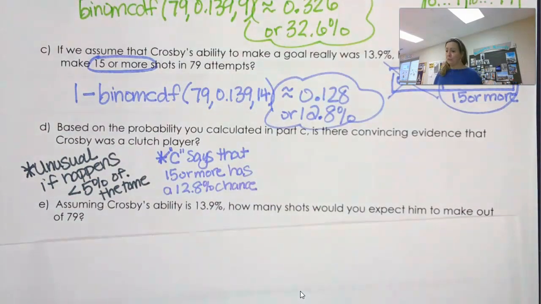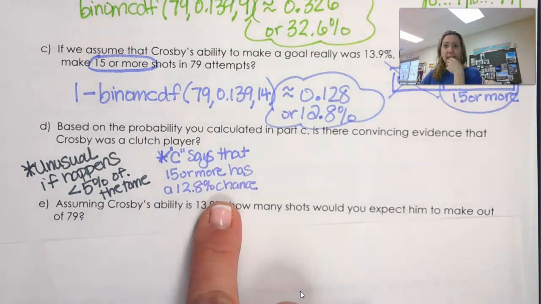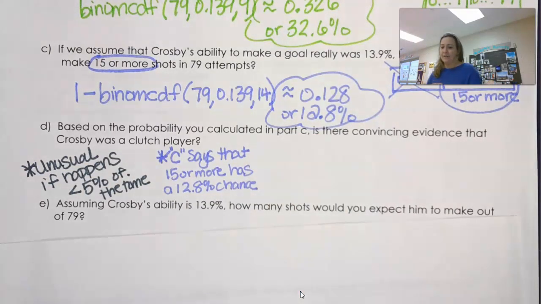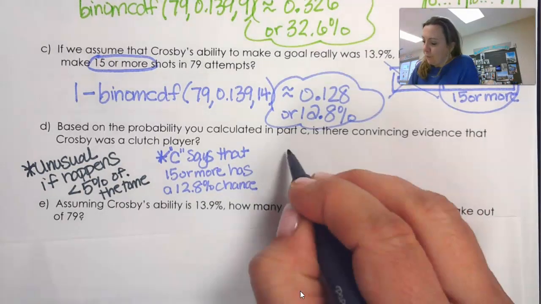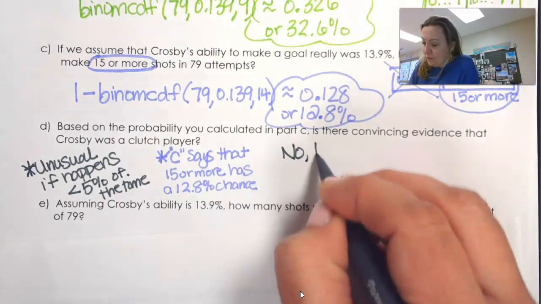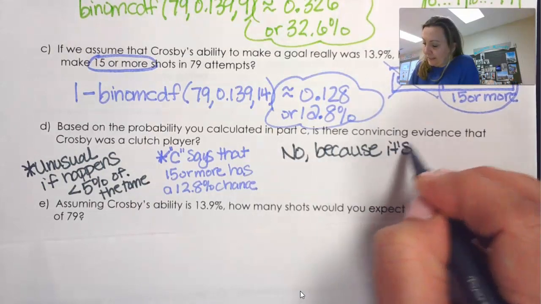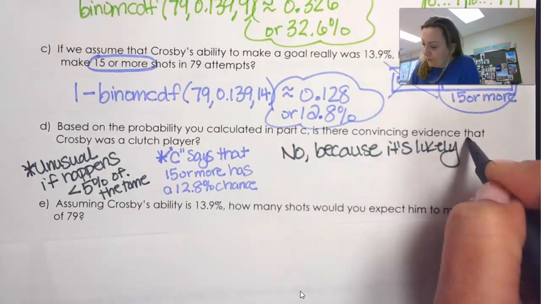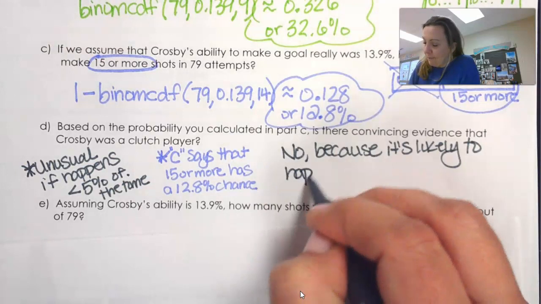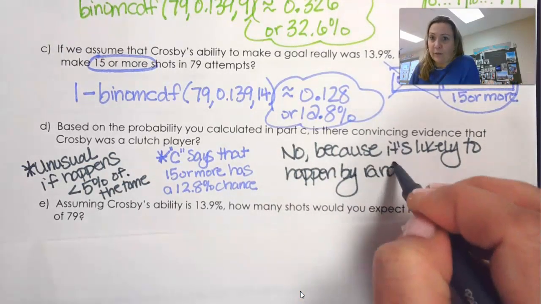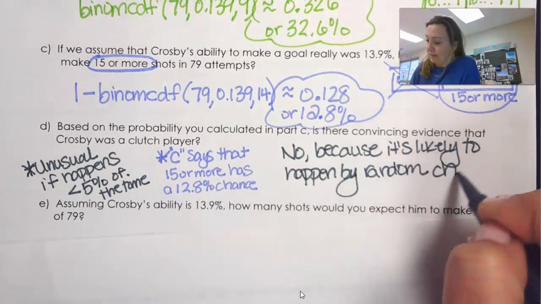So is that unusual? It doesn't look like it, does it? Because this could happen 12.8% of the time. That doesn't seem very special. And so what we would answer here is no, because it's likely to happen by random chance. That's what our binomial distribution is telling us.